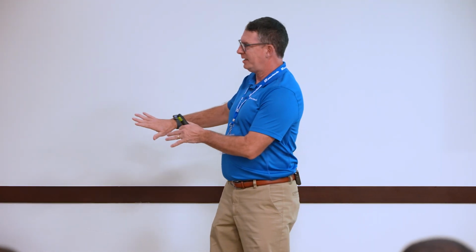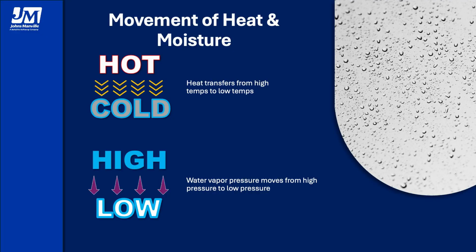Because even in what we would consider a cooling dominated climate, heating ends up being one of the biggest costs. So the colder my climate, the more R value I'm going to need to manage heat loss through that ductwork. All right, moisture works kind of the same way, right?